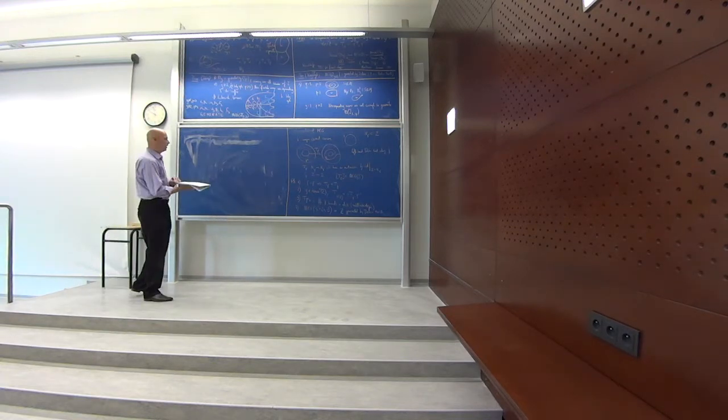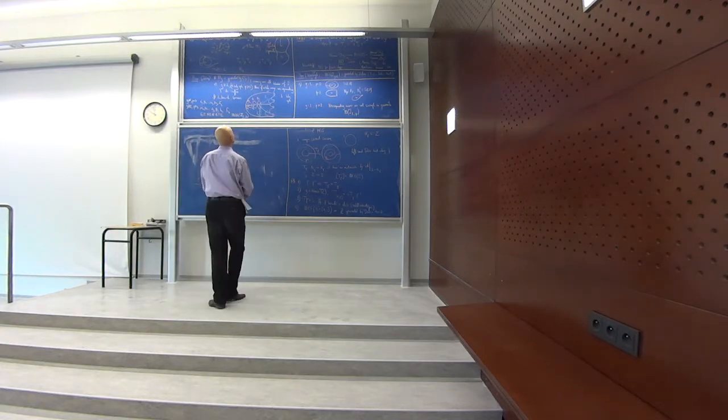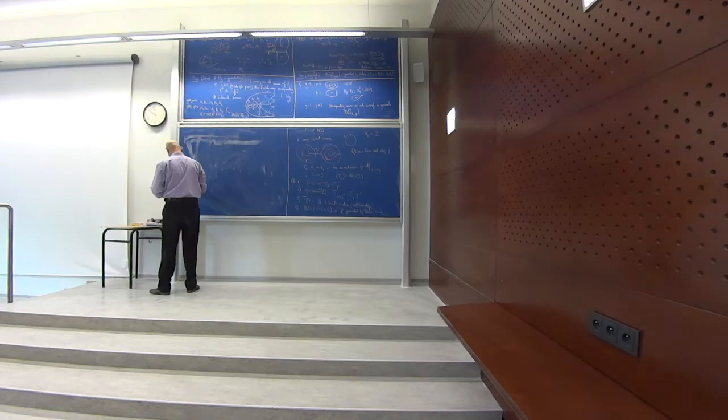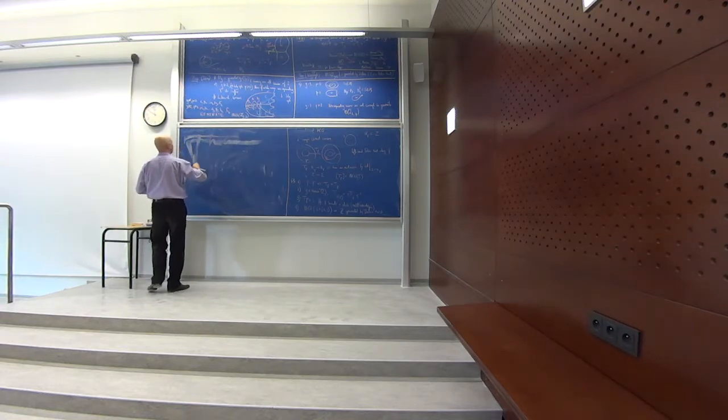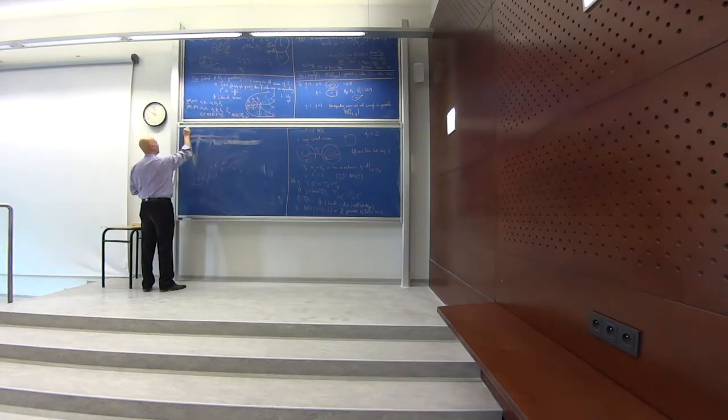Okay, so let me go to relations. I said already I have some nice relations on the pants here. I'm just recording them again. So here are the braid relations.